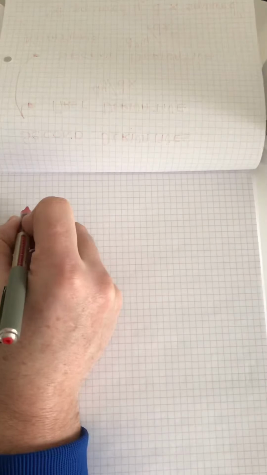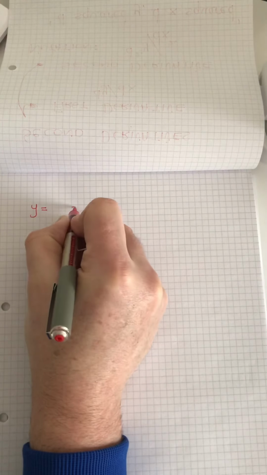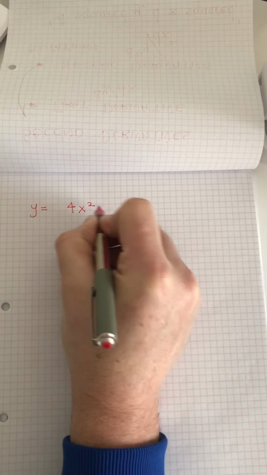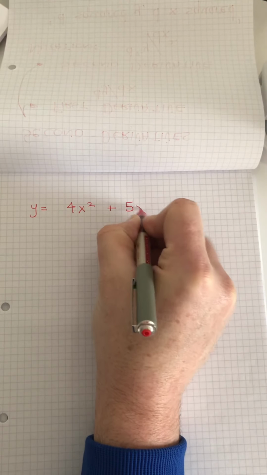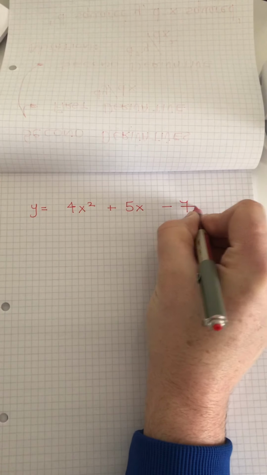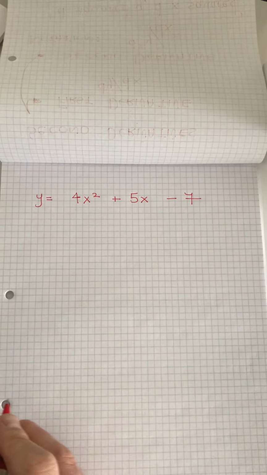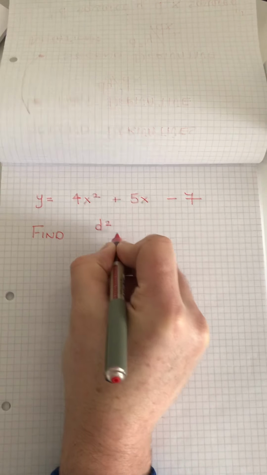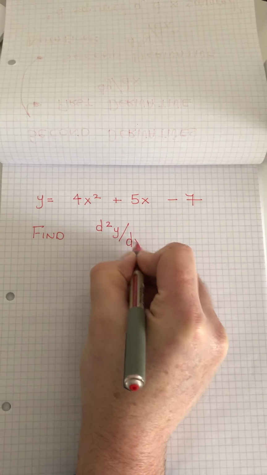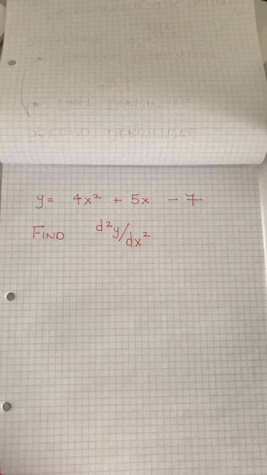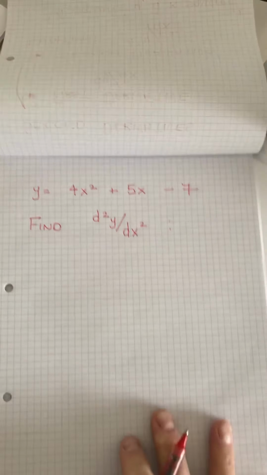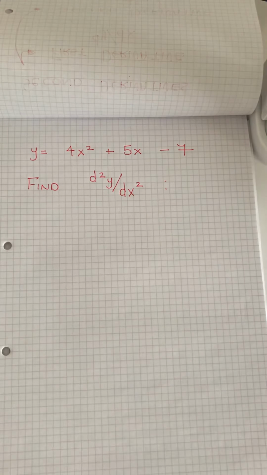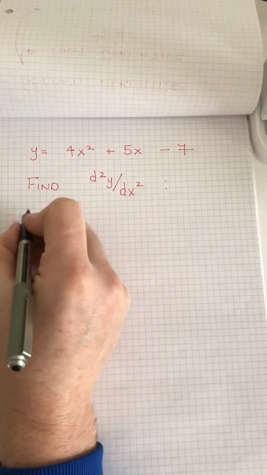So if we want to find, so we have a function y equals 4x squared plus 5x minus 7, and we want to find d2y dx2. Okay, so the first thing we have to do here is we have to differentiate.